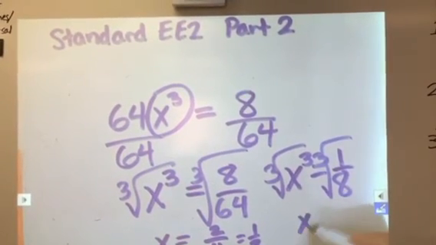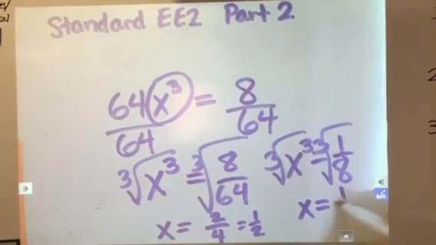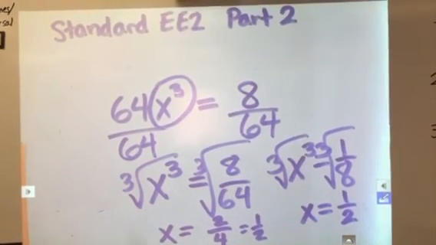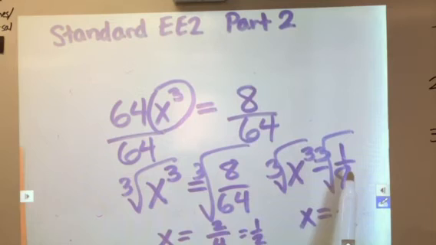Or over here, x is equal to the cube root of 1, which is 1, over the cube root of 8, which is 2. So either way, we simplified first and then took the cube root and got 1/2, or we took the cube root first and then simplified and got 1/2.